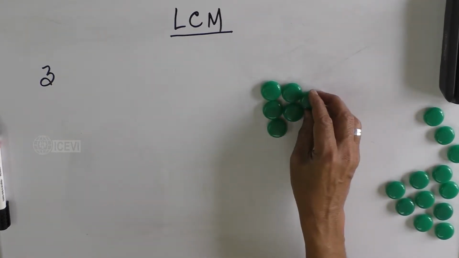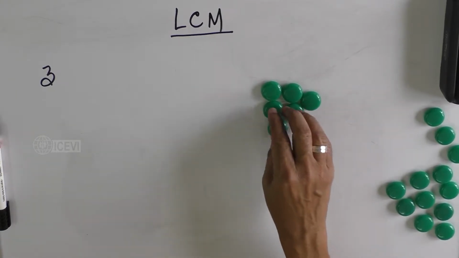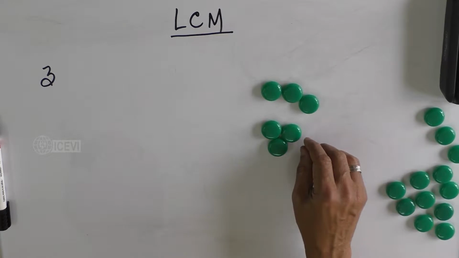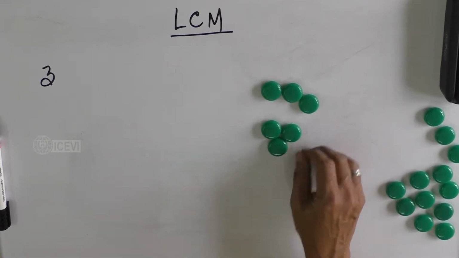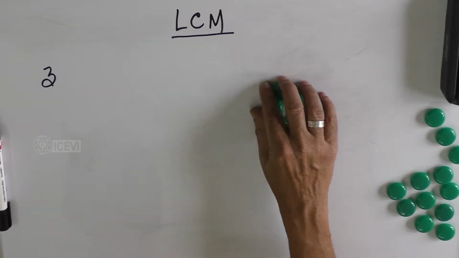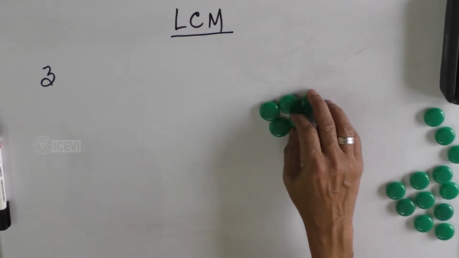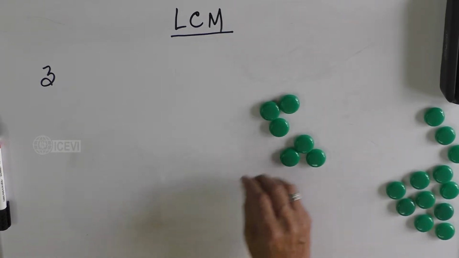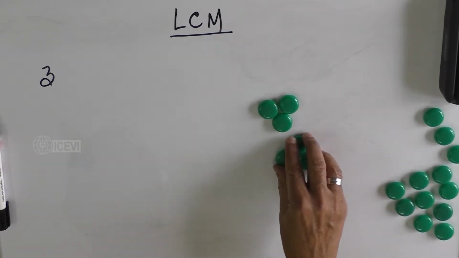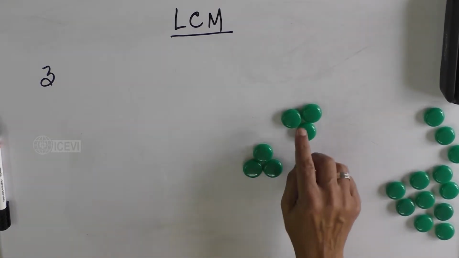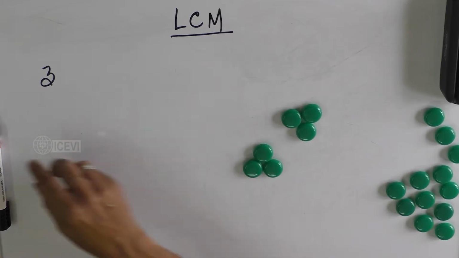Take 6. This type of exercise will provide the experience of learning by doing to the child. Now, in this case, 6 is a multiple of 3 because you can group 6 into 2 3s without getting a remainder.